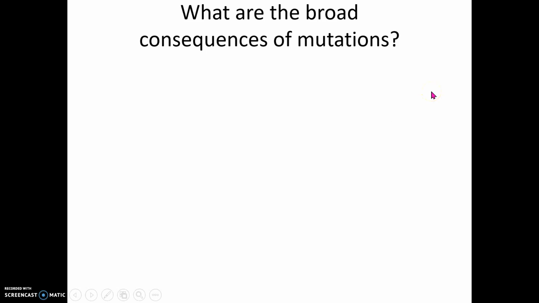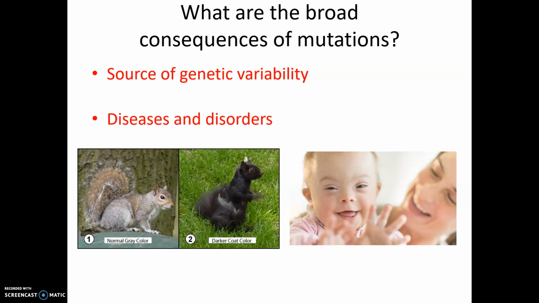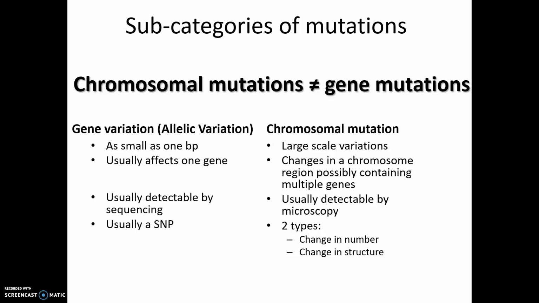We can talk about the broad consequences of mutations. So what effects do they have? Well, this is twofold. One, they can be beneficial because we know that mutations are the source of our genetic variability and that mutations allow evolution to occur. On the other hand, they can be detrimental because they lead to diseases and disorders, right?